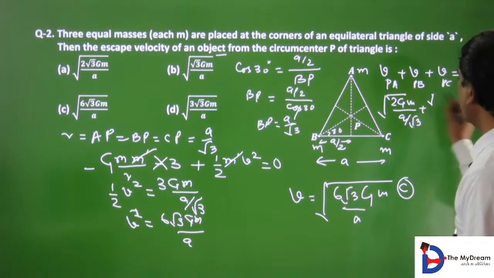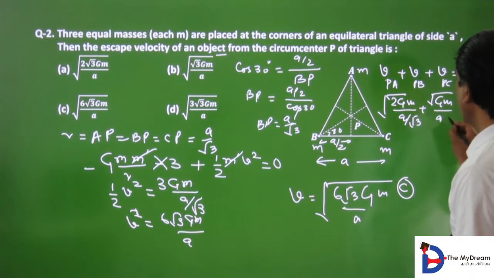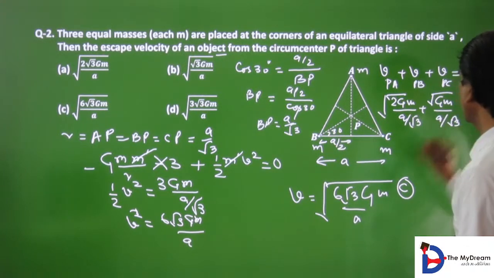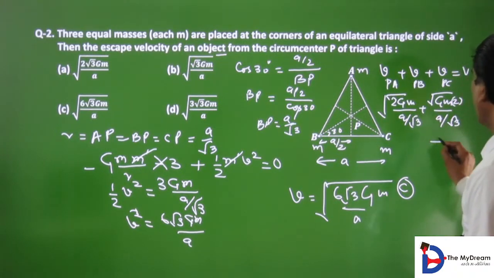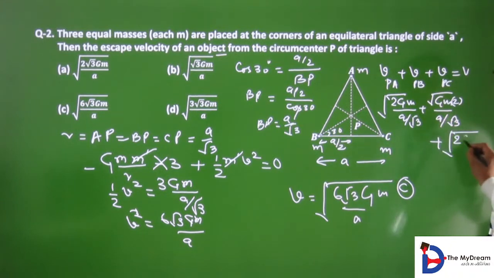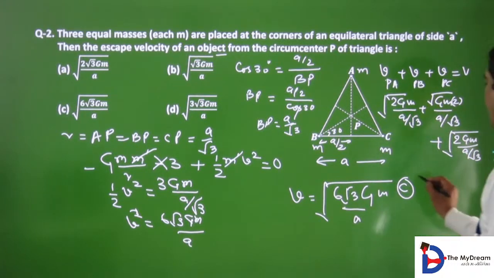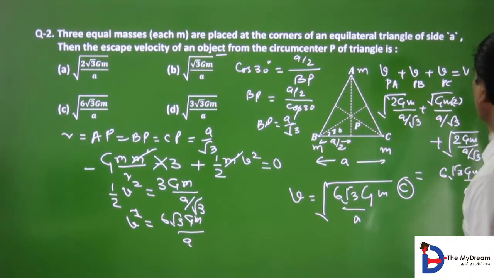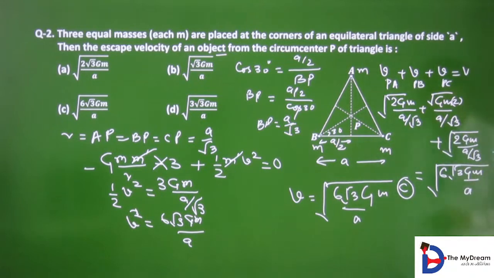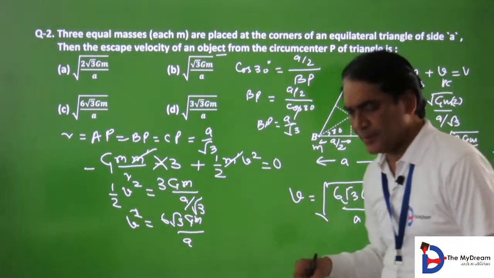This is under root Gm by a by root 3 multiplied by 2, and third twice of Gm by a by root 3, and which is equal to under root 6 root 3 Gm by a. And you want to know the escape velocity of it. So this is another method.